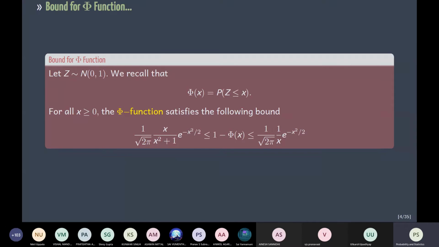So last class, if you recall, we proved the upper bound. Okay, so the upper bound is something we did. Now today we will try to establish the lower bound. So the upper bound was done. Now let us focus on the lower bound.